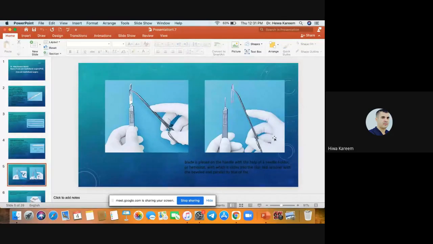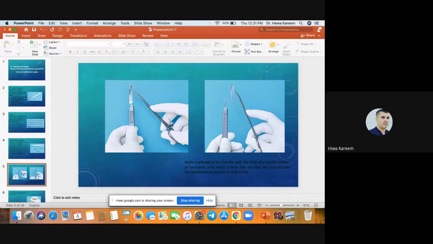How can you put the blade on the blade holder? The blade is placed on the blade holder by a mosquito or needle holder. This is a mosquito, and the blade slides into the slot receiver by its bevel.